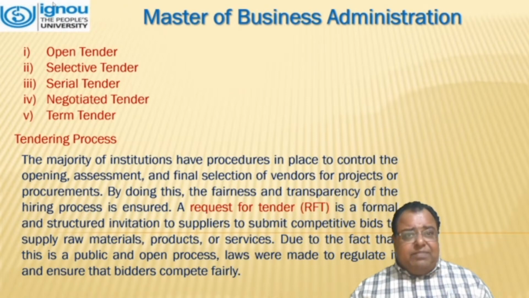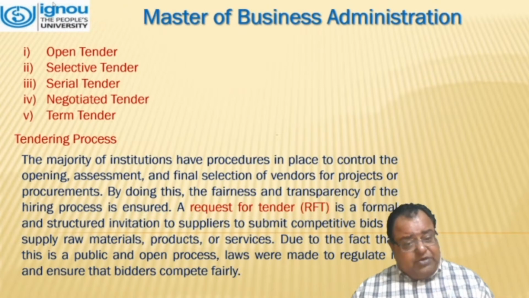What is the tendering process? The majority of institutions have procedures in place to control the opening, assessment, and final selection of vendors for projects or procurements. By doing this, the fairness and transparency of the hiring process is ensured.